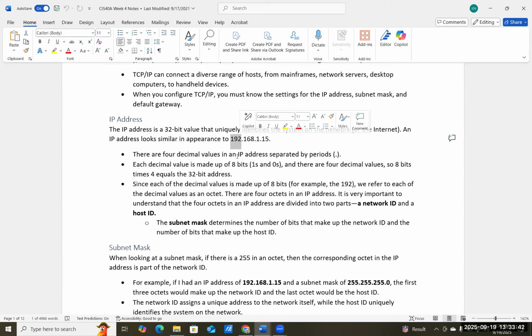So you would have one octet that represents 192, the second octet that would represent 168, and the third and fourth representing the 1 and the 15. And remember that these are decimal numbers that represent the 32 bits in the IP address.